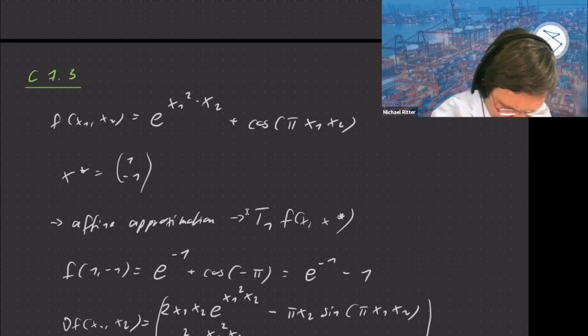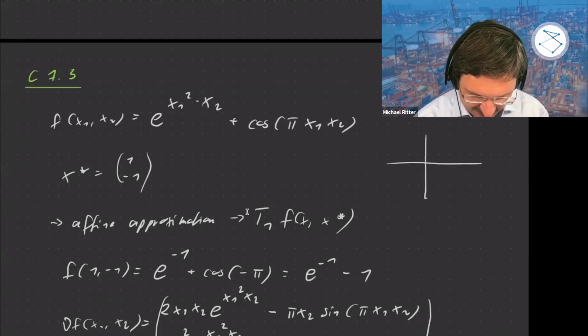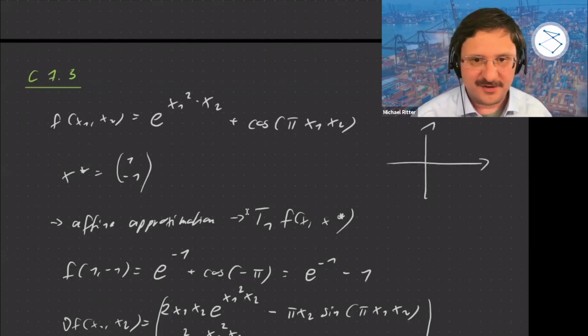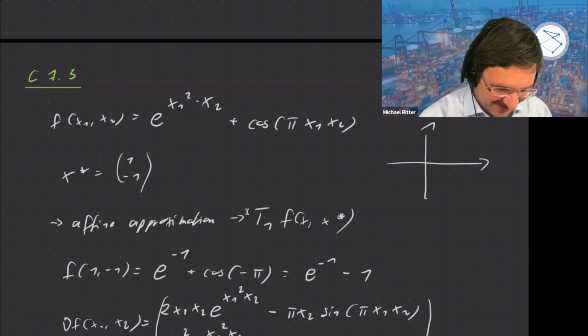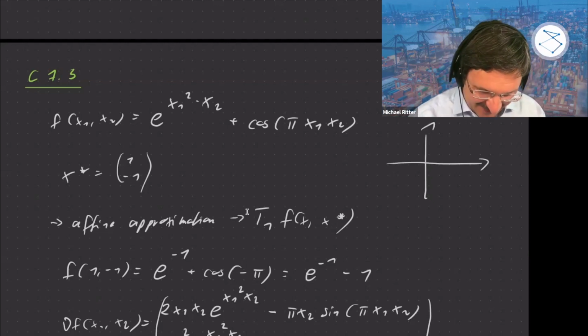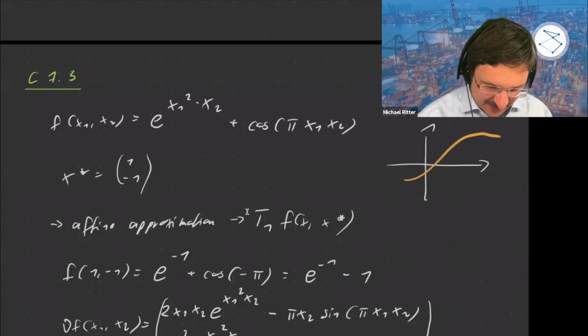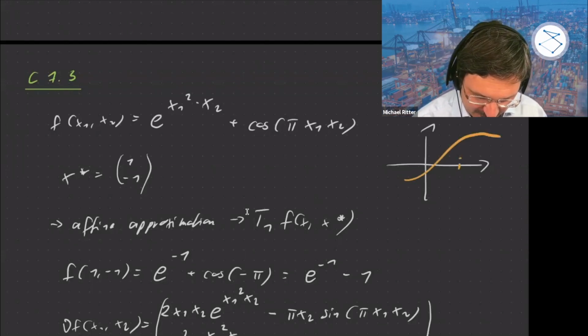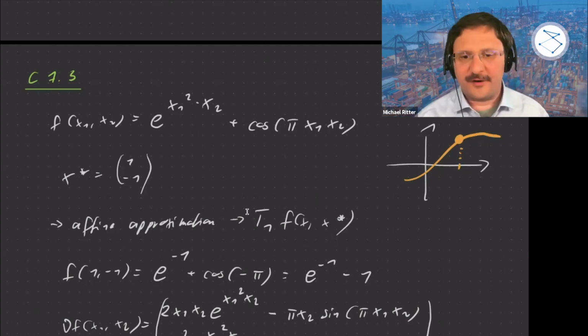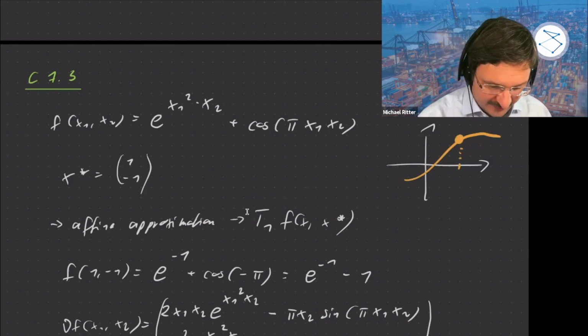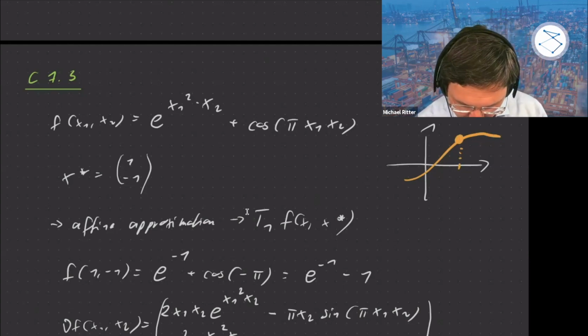If that was one-dimensional, I'd have an easier time at drawing that. So imagine we talk about a one-dimensional function. The principle is the same. We have a function like this, for example, and let's say this here is the point in question. So we're looking for an affine approximation at that point. And that approximation would look like this, basically, right?